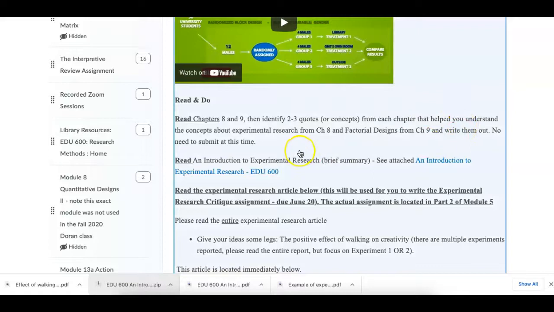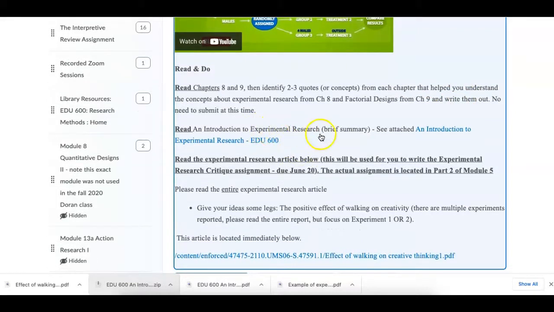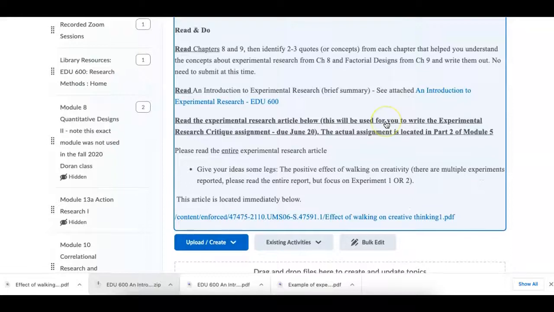I do have an introduction. This is a separate paper. It's only 3 pages. It goes into the purpose of experimental research. If you have time, I suggest you take a look at it.